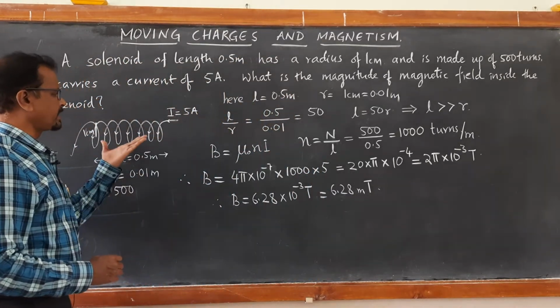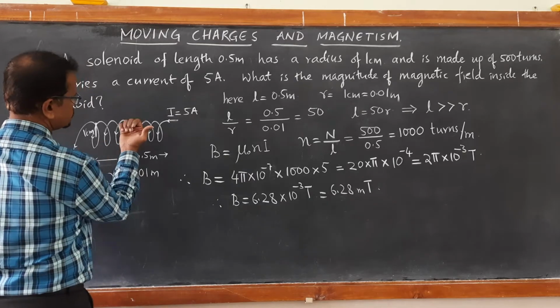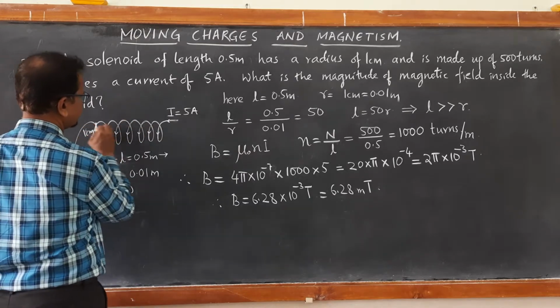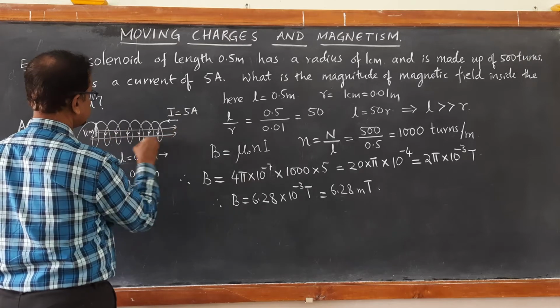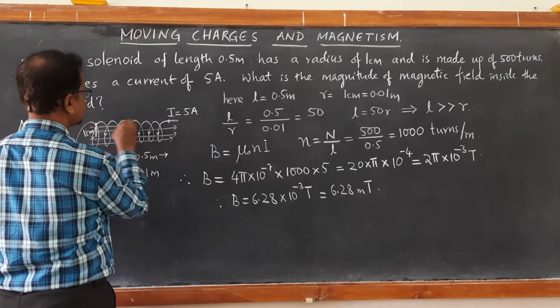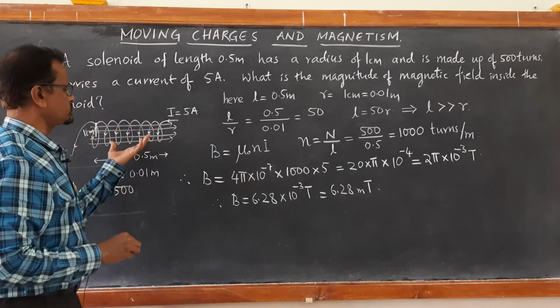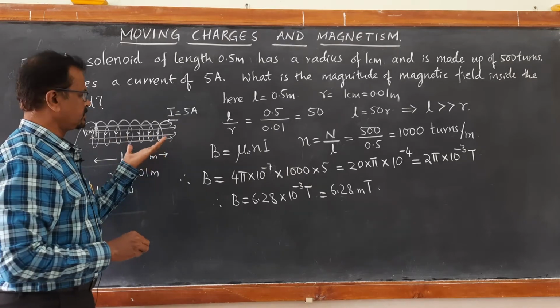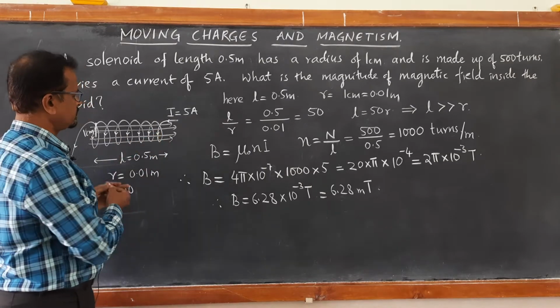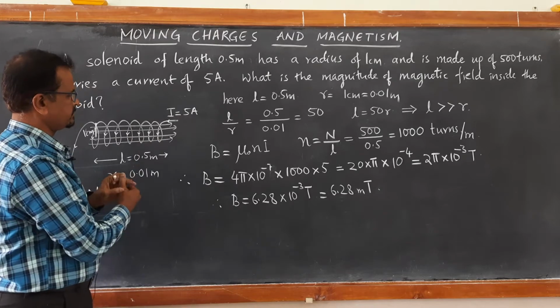So, if we take the current in this direction, using the right hand rule, we can say that the magnetic field is towards the right. It produces a constant value of magnetic field, that is a uniform magnetic field acting towards the right side.